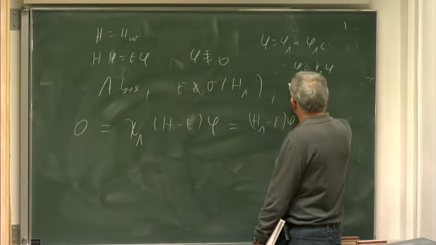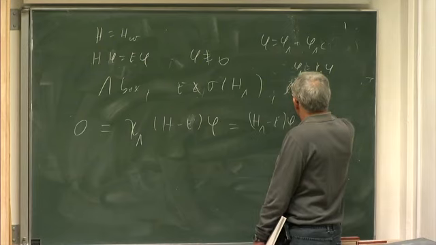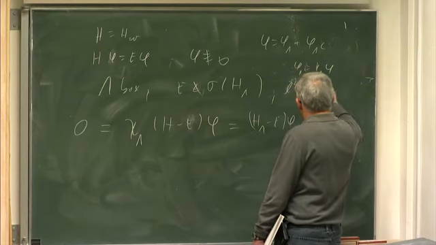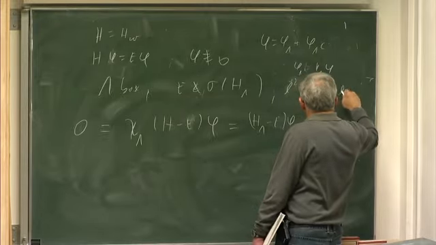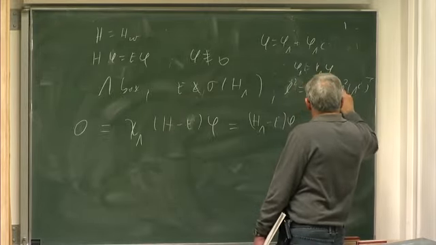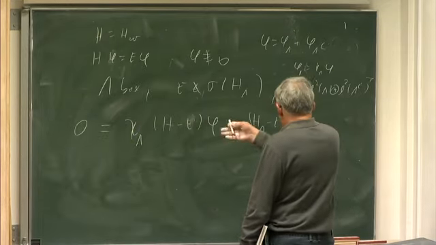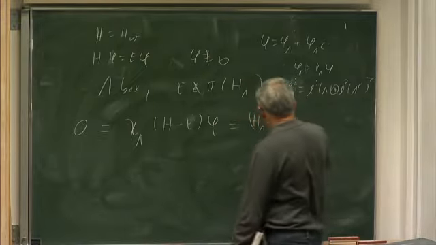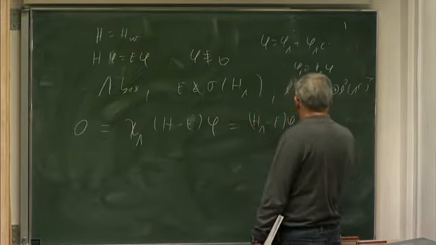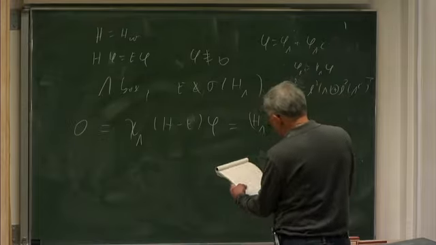And I'm using the decomposition now that I can write little L2 of the whole thing as little L2 of lambda plus little L2 of the complement, and this is a direct sum. I still have this here, so this is 0. And then I have the other term.